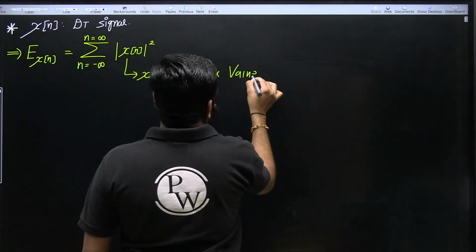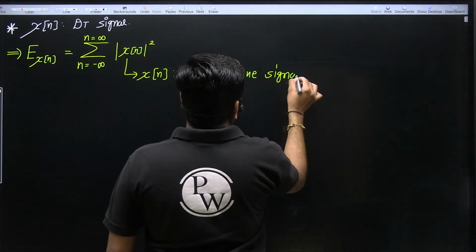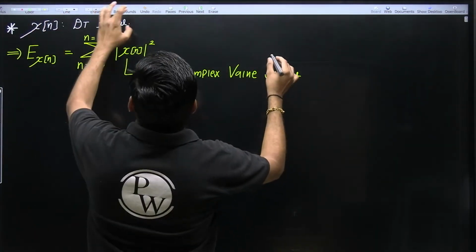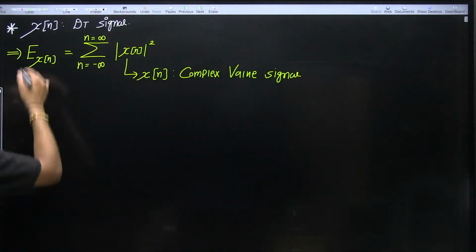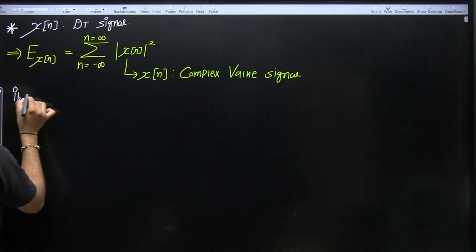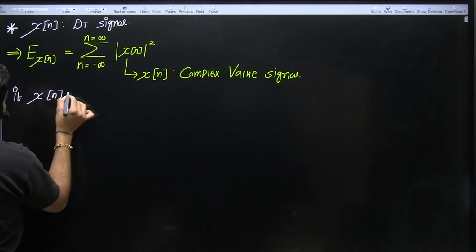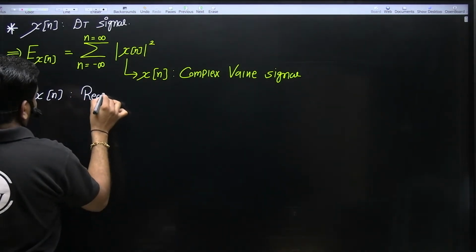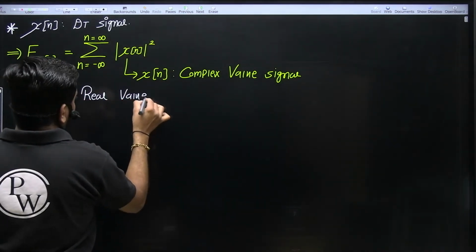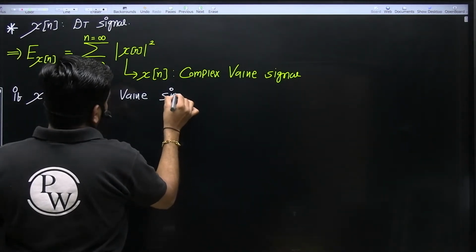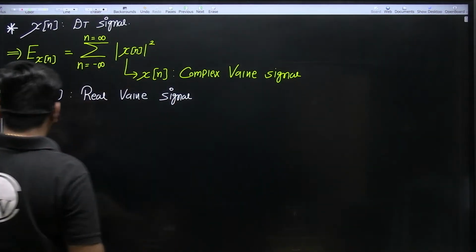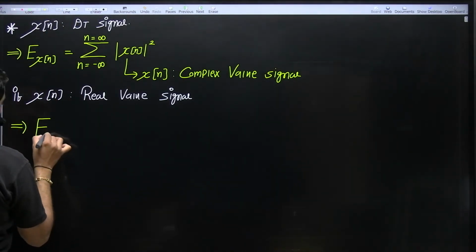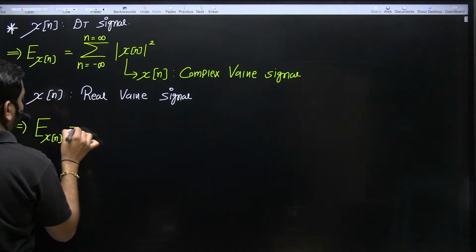And if x of n is a real value signal, then the formula need not take the modulus, because the magnitude of a real value signal is that real value signal only.